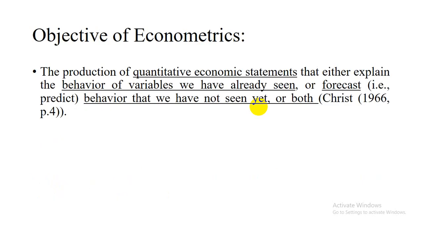The basic objective of econometrics is to produce quantitative economic statements that explain the behavior of the variables, either that we have seen, or for forecast, or the behavior that we haven't seen, or both. It means we can make predictions for the future.